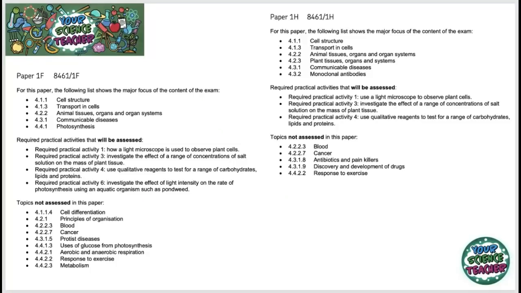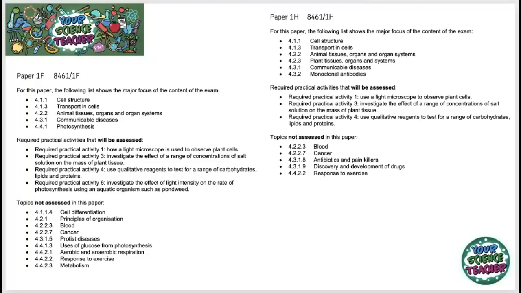So you might be wondering where I've got this information from. I'm not a mind reader, but I have visited the AQA website and they have said what is going to be on the higher paper and foundation paper. This video is specifically aimed at triple science students, so those people who are doing single biology.